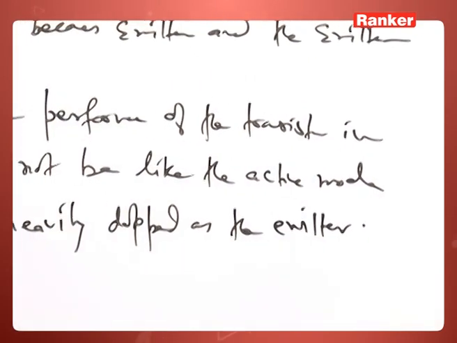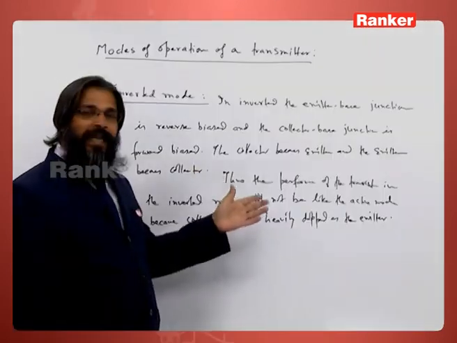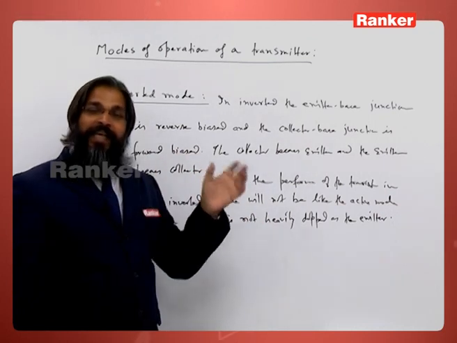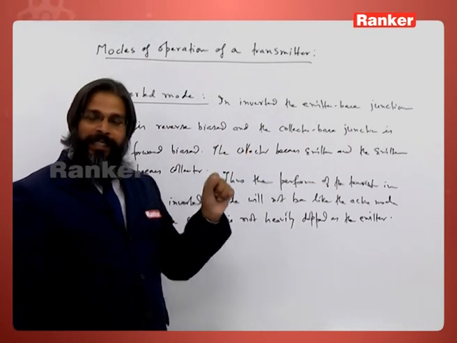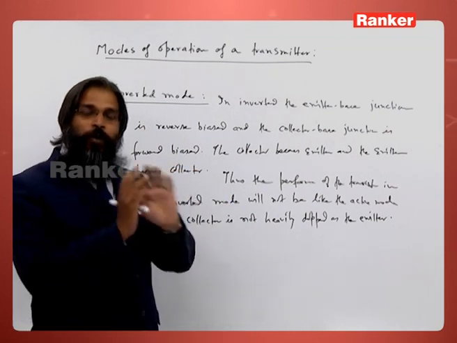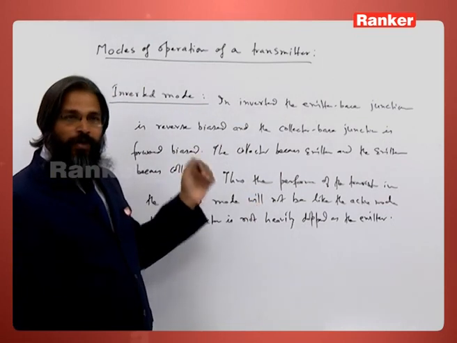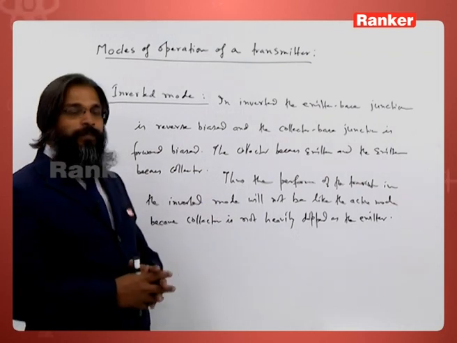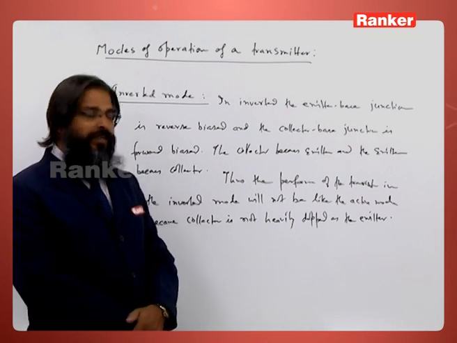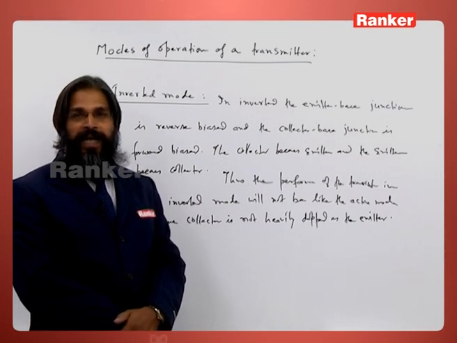So, in inverted mode, the role of emitter is done by collector and collector is doing the work of emitter. But since emitter is heavily doped and collector is moderately doped, so the efficiency of providing holes from the collector side to the base side will not be as in the active mode. So, the performance will be poor. So, thus there are these four modes, and in next session we will see the role of these four modes and the transistor as a device.